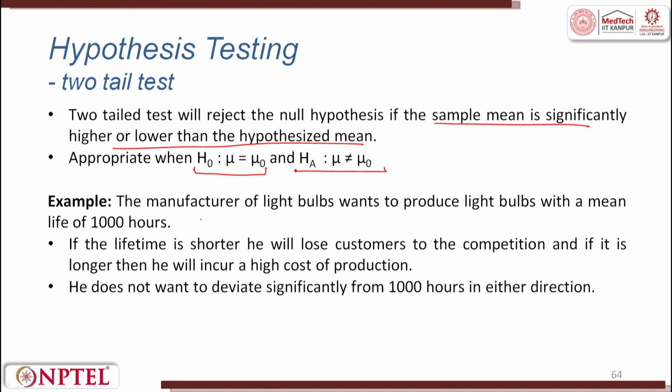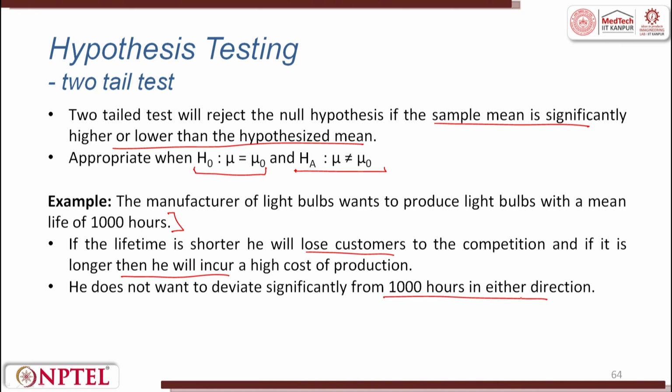An example is a manufacturer of light bulbs who wants to produce light bulbs with a mean of 1000 hours of life. If the lifetime is shorter, he will lose customers to the competition, and if it is longer, he will incur higher costs. This is very important. So, he cannot lose. He is saying 1000 hours is there. He does not want to deviate significantly from 1000 hours in either direction.